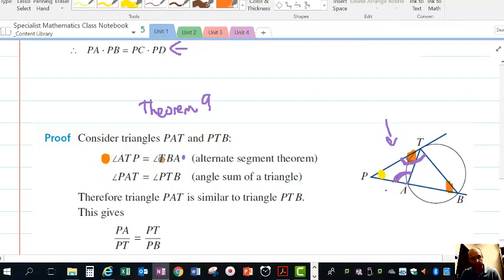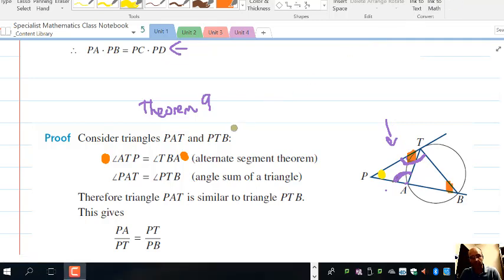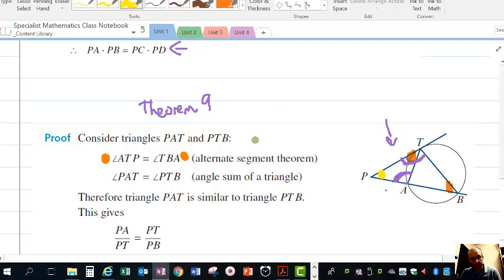So the orange here, they're equal. Yellow's a common angle, so they probably should have written that in, common angle.